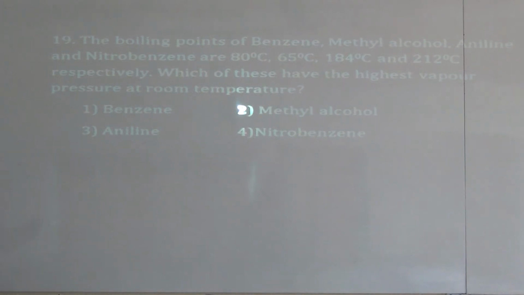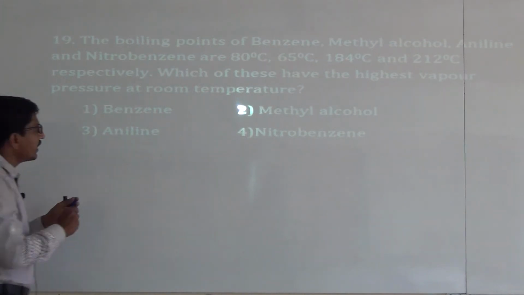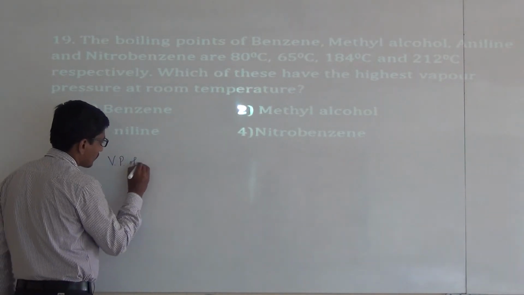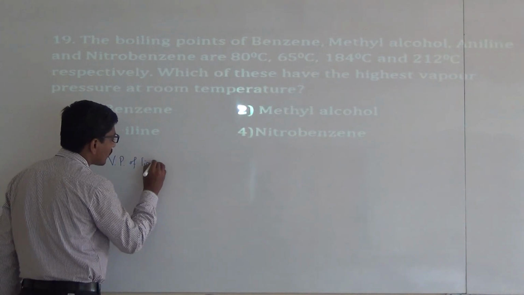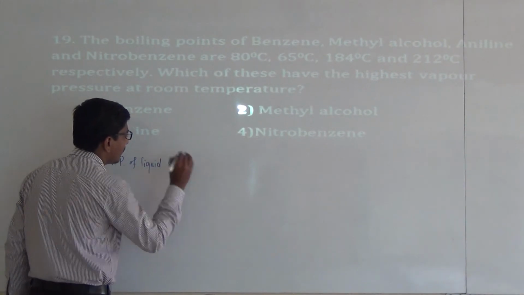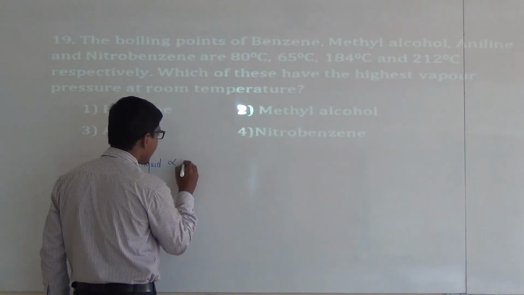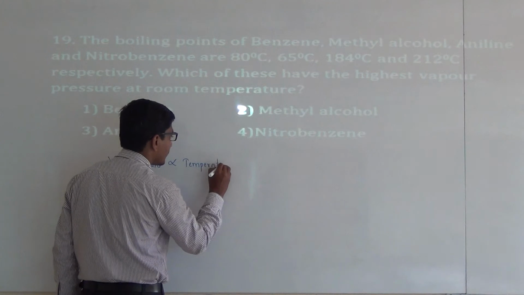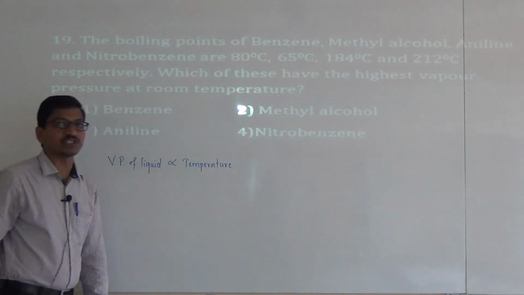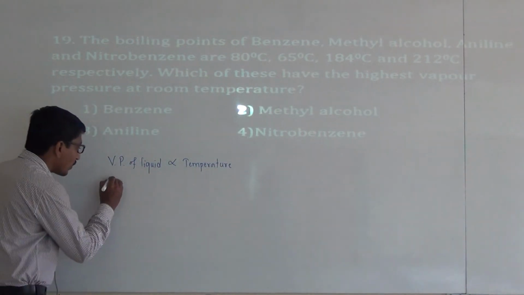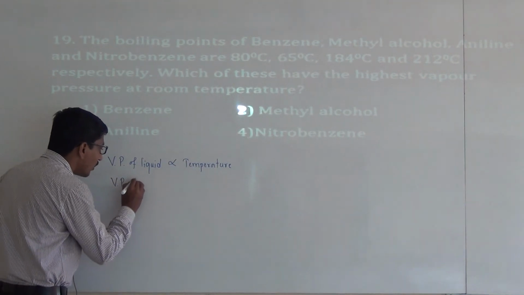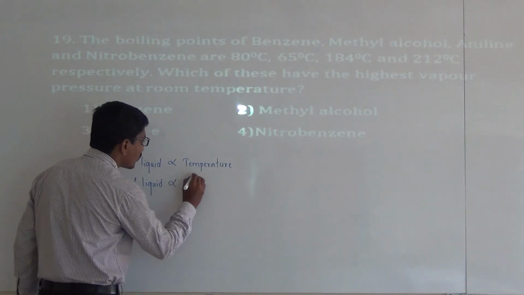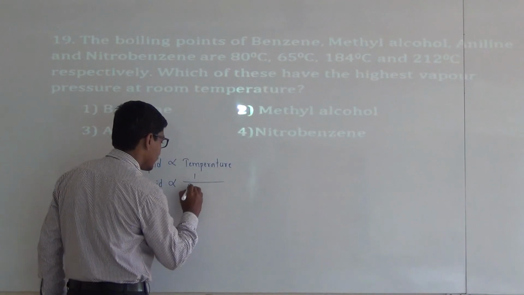In this, the vapor pressure of a liquid is directly proportional to temperature. As the temperature increases, vapor pressure increases. But the vapor pressure of a liquid is inversely proportional to boiling point.